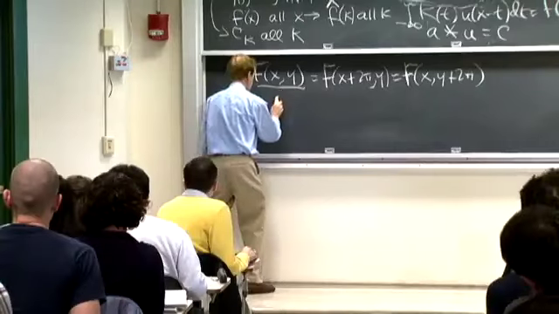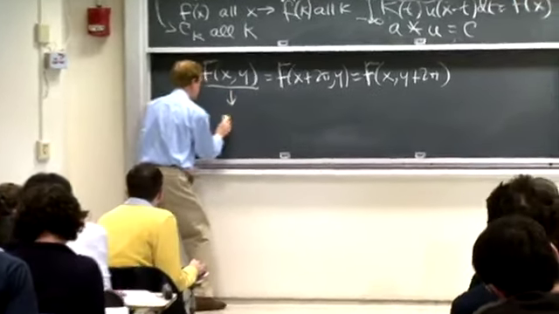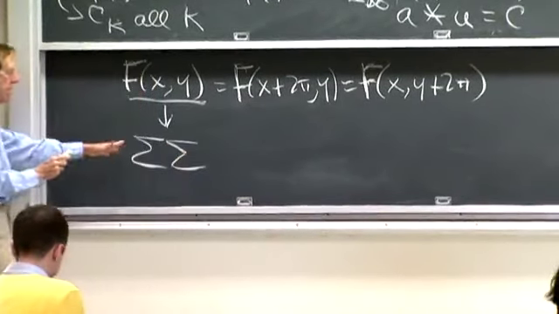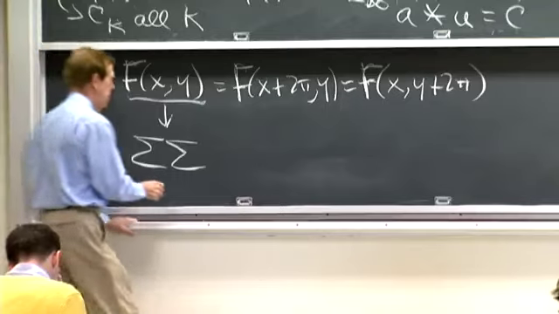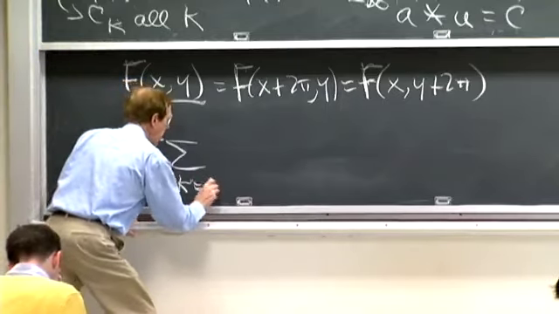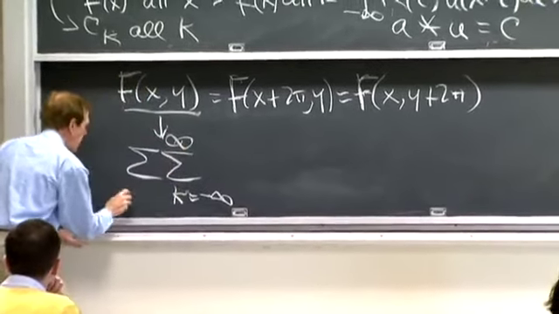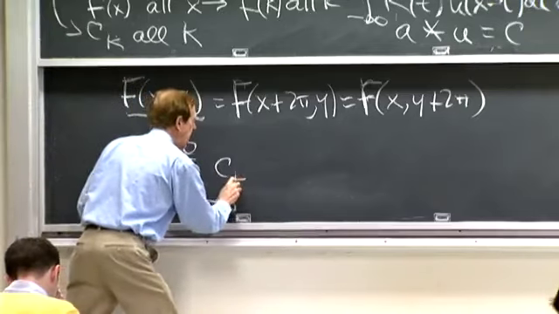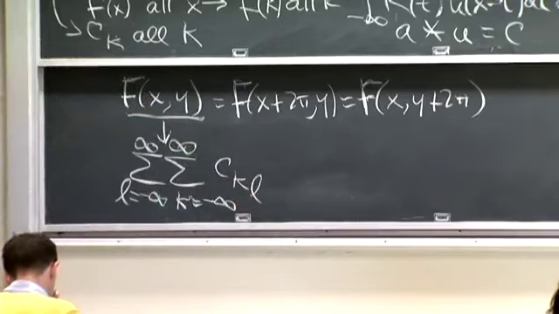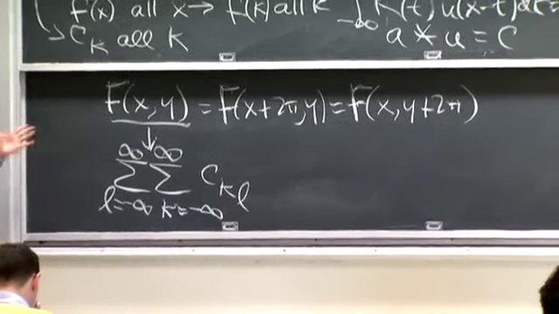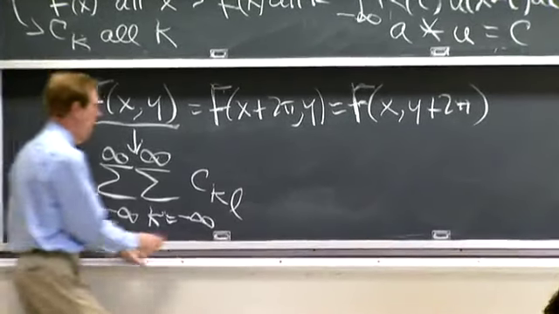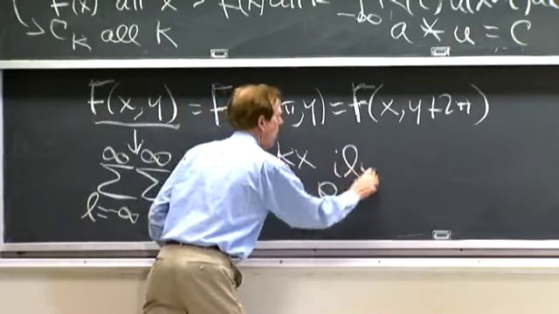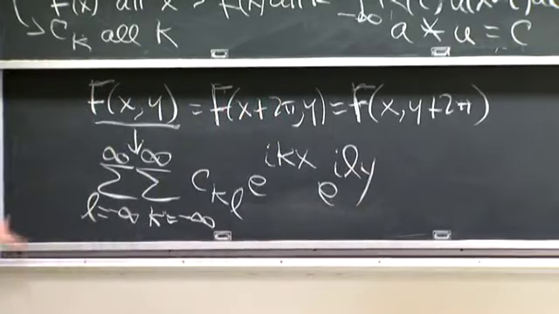I would write that as a double sum. I'll write 2 sigmas just to emphasize that we're summing from k equal minus infinity to infinity, and from l equal minus infinity to infinity. We have coefficients c k l. They depend on 2 indices. This is the pattern to know, multiplying our e to the i k x and our e to the i l y.